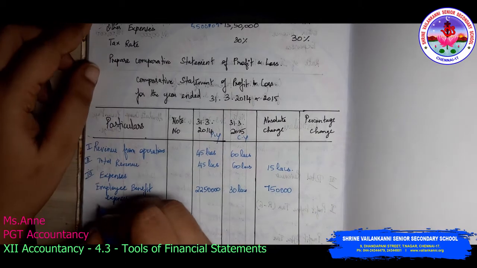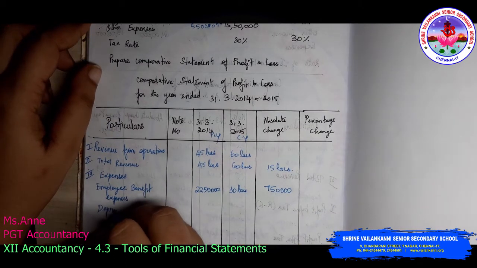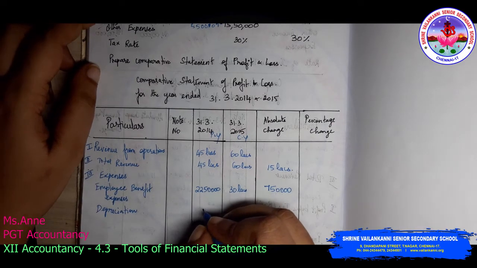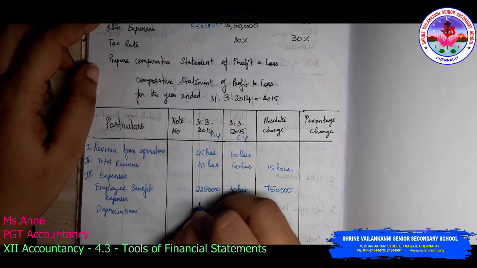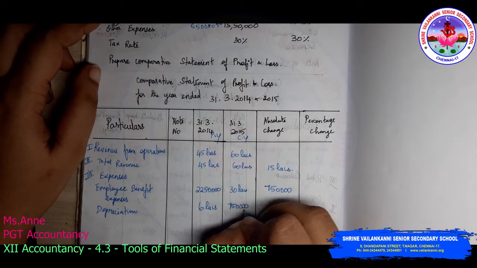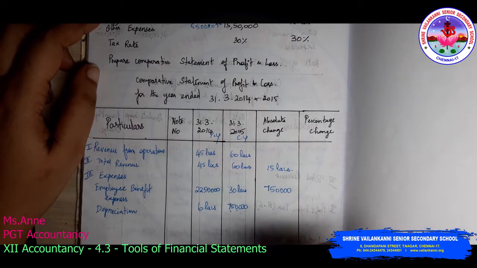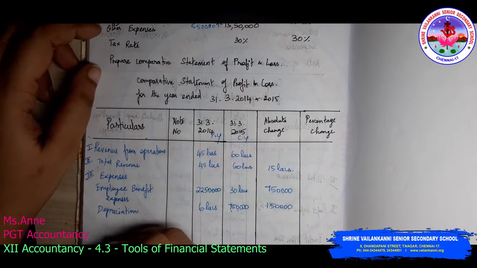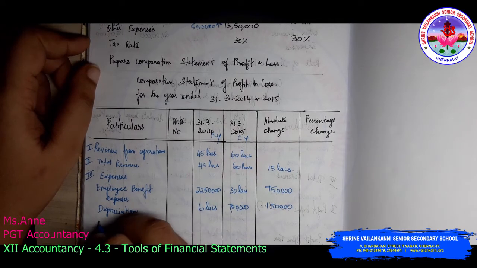Then depreciation. So depreciation, 2014 is 6 lakhs, 2015 7 lakh 50,000. So the absolute change is going to be 1 lakh 50,000. After depreciation I am having other expenses.